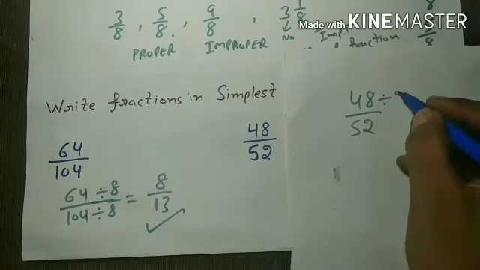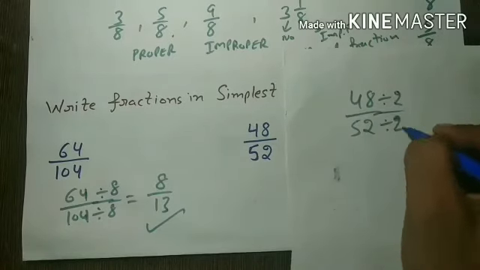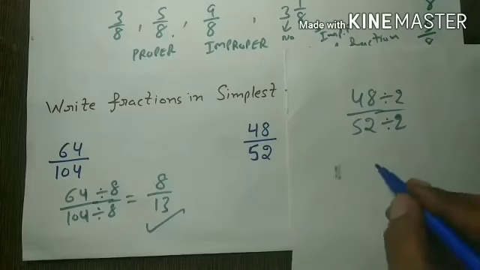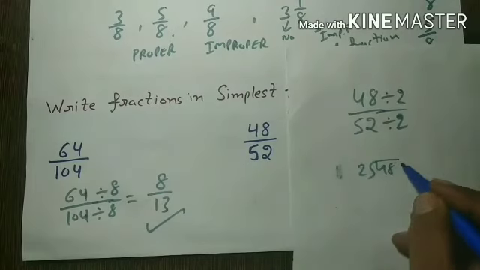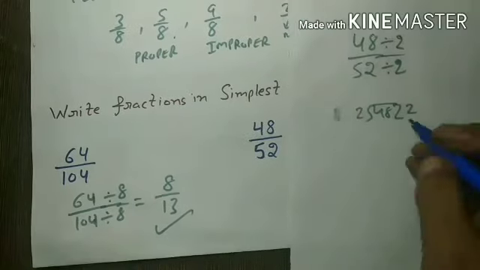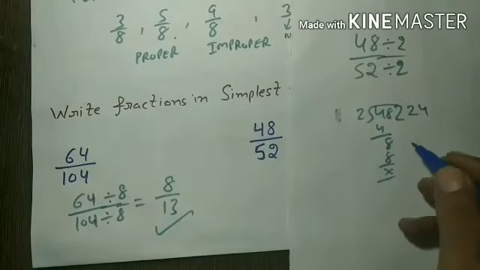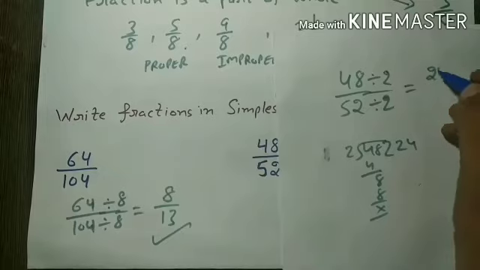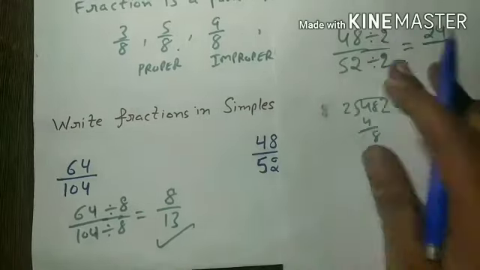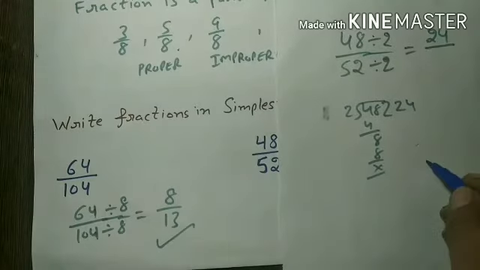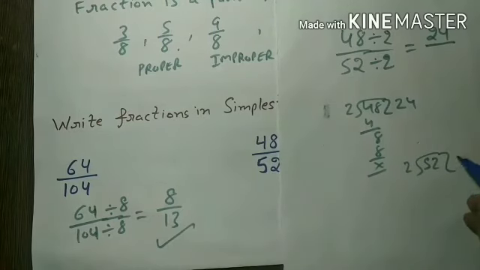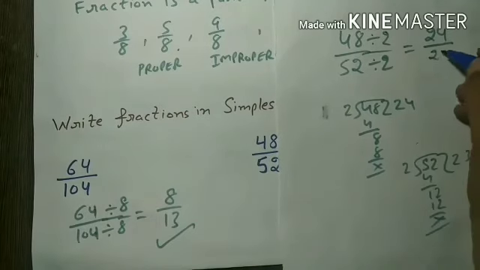Now 48 by 2: 2 2s are 4, 2 4s are 8. The answer is 24. And 52 divided by 2: 2 2s are 4, 2 3s are 12. Now this is 26.